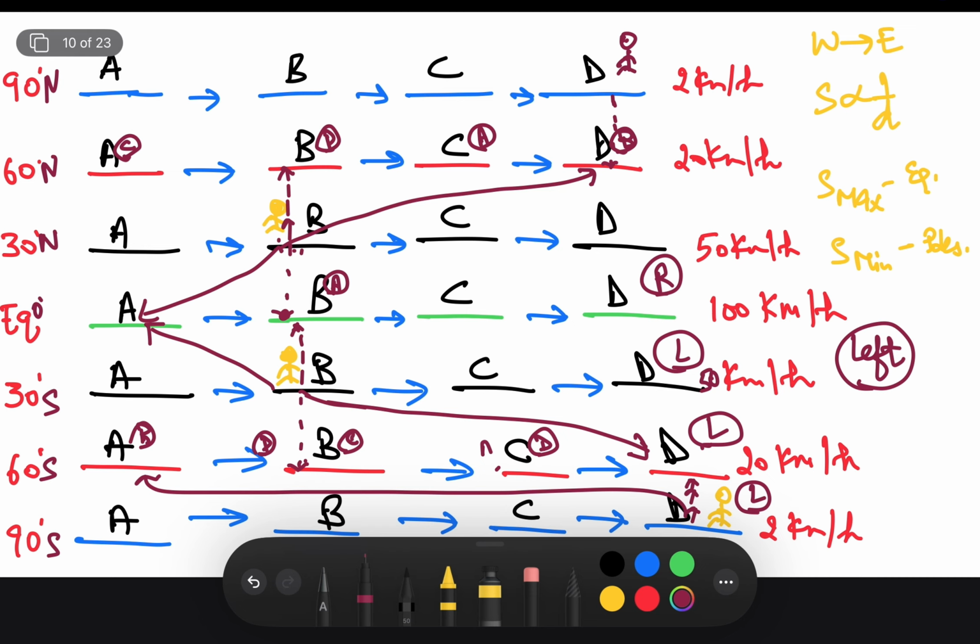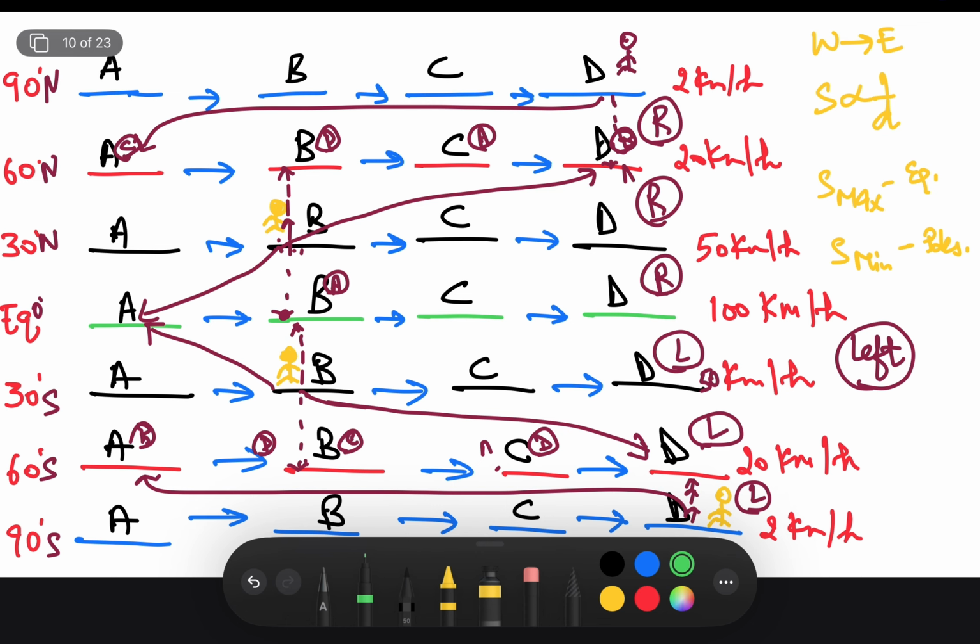So when he reaches the D point, the earth will rotate and this surface will be occupied by the A. Here we have D, here we have C, and here we have B. So instead of reaching the D point, he will reach the A point. So between the 30° north and the 30° south, deflection is towards the right side. And when he moves from the poles towards the equator at the 60° north, the deflection is towards the right side.